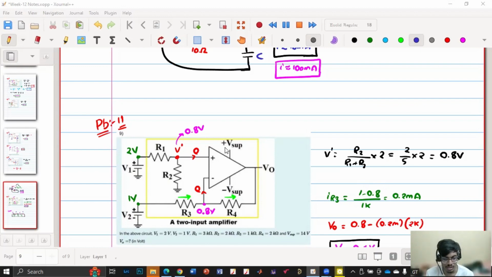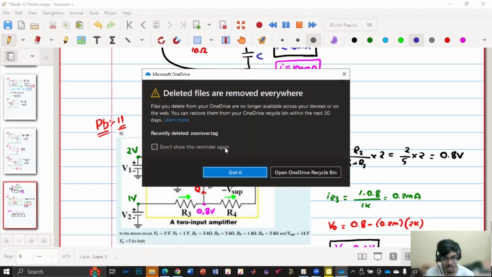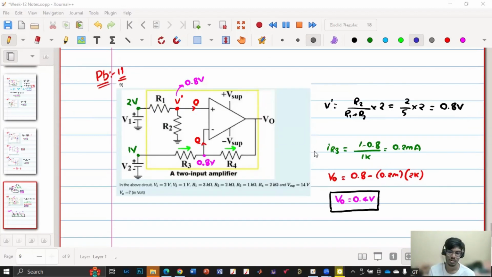So the gain will be like 0.8 minus some higher value, and it will turn out as a negative voltage. If I try to push this V0 voltage dynamically to the positive supply voltage, then does this still act as an amplifier, or will it act as a comparator at that time?